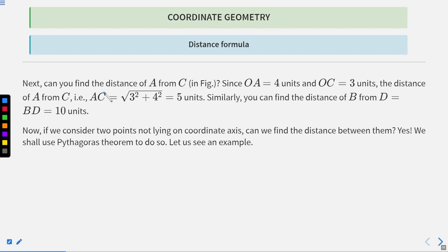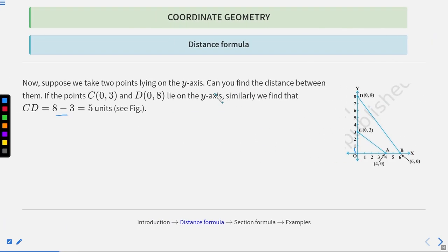Next, can you find the distance of A from C, as shown in the figure? The coordinates of A are 4 comma 0 and the coordinates of C are 0 comma 3.